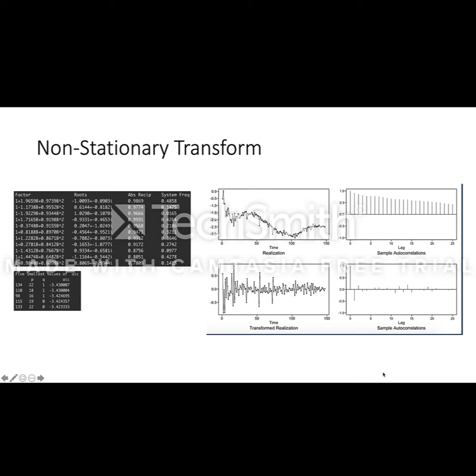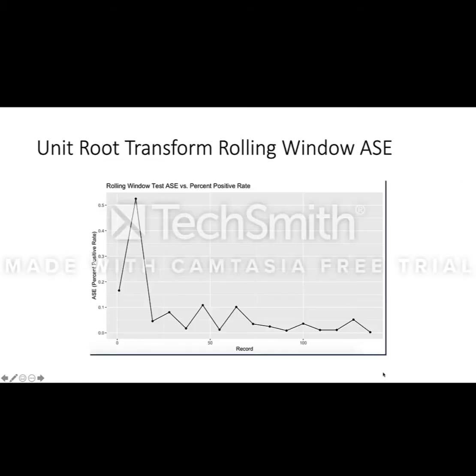After running an AIC analysis on that, we found an optimal p-value of 22 and a q of 1, and we saw a series of several complex roots which were utilized for creating those peaks between 0 and 0.5.